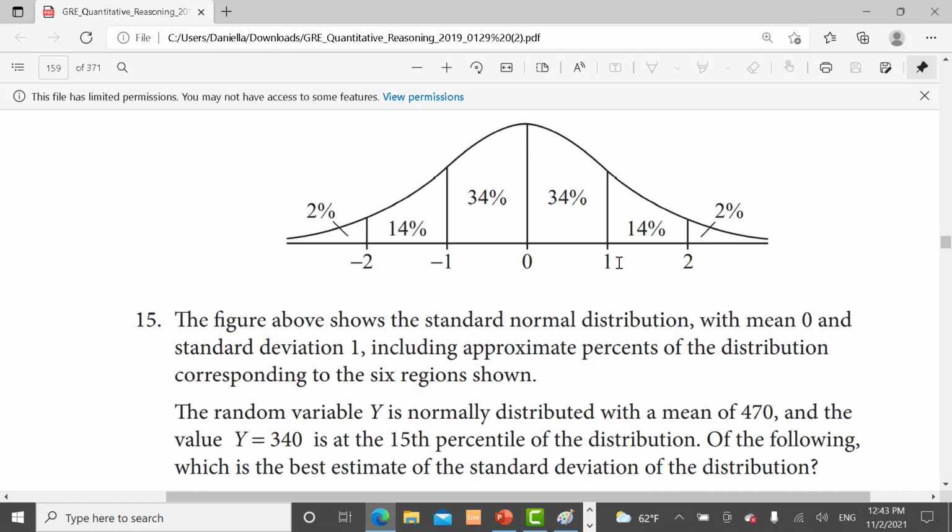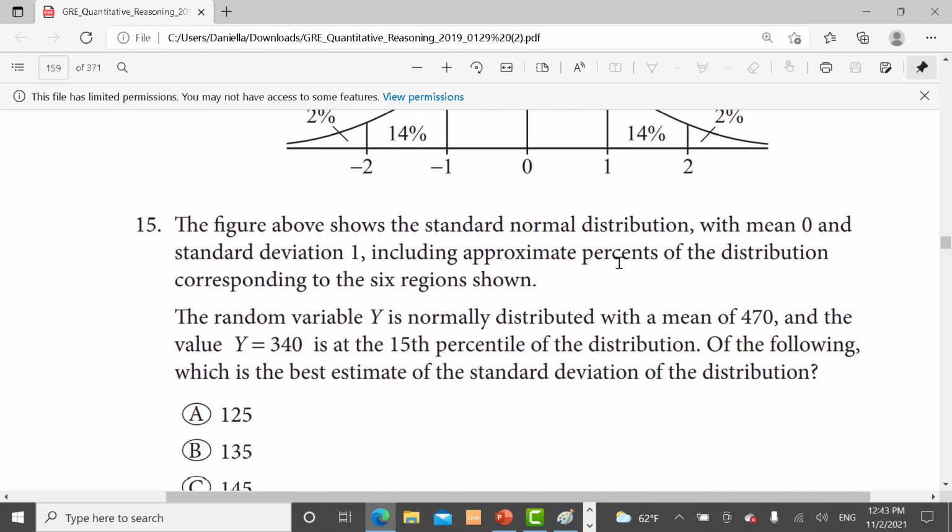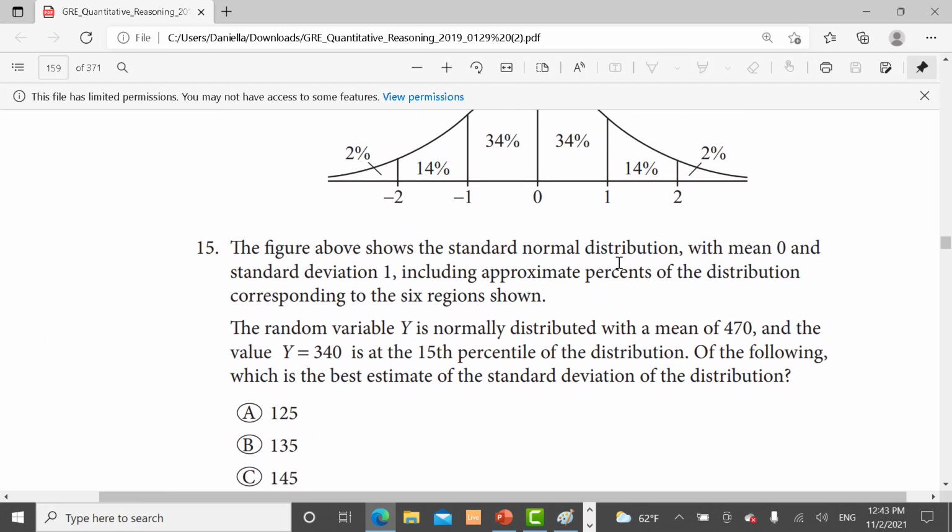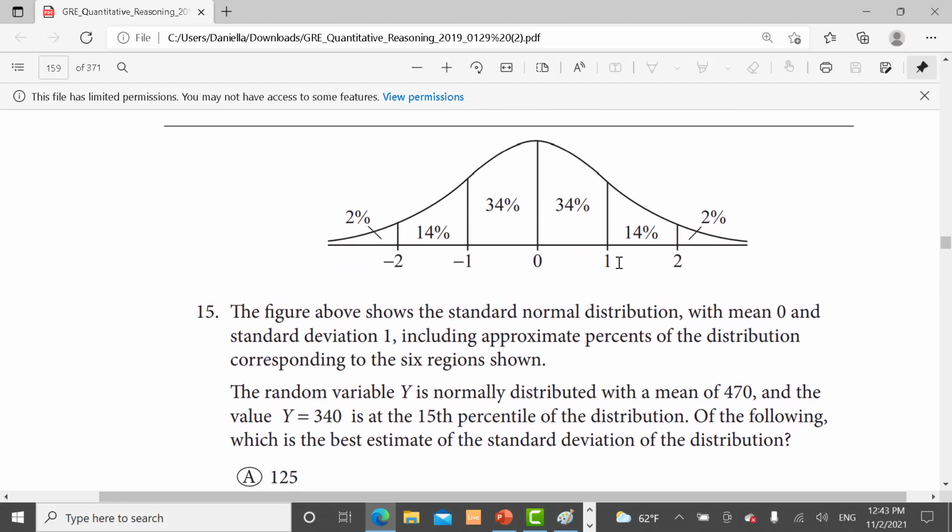See that? Now let's read question number 15. The figure above shows the standard normal distribution with mean 0 and standard deviation 1, including approximate percents of the distribution corresponding to the region shown. The random variable y is normally distributed with a mean of 470, and the value y is equal to 340 is at the 15th percentile of the distribution.